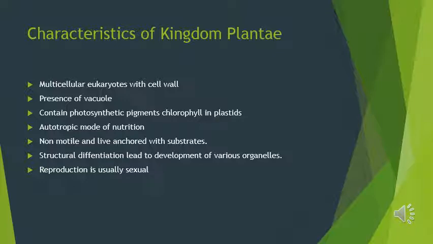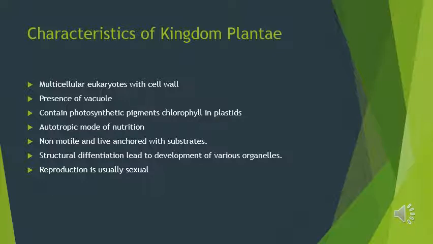There is a presence of vacuole. It may be a large one, because it is a property of plant cells that they contain a large vacuole that occupies near about 90 to 95% of the space of the cell. It contains photosynthetic pigment, chlorophyll, that is present in plastid.